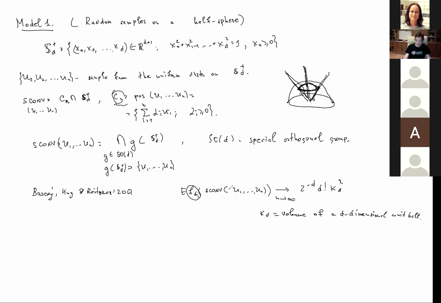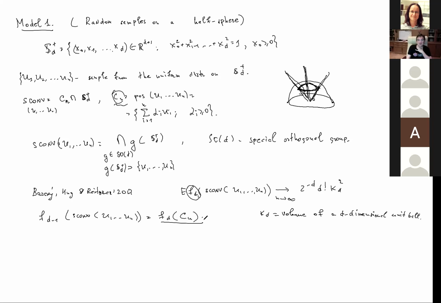Okay, so this is quite a surprising result. Sasha, but still I didn't get what is f_d? Could you please repeat once again? What is f_d? Okay, let me write it in this way. f_{d-1} of the spherical convex hull of the sample is the same as f_d of the cone.